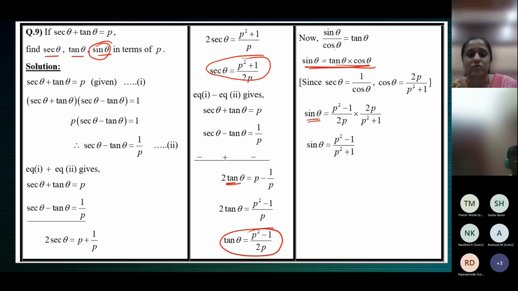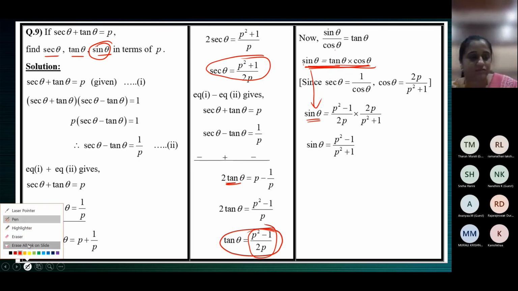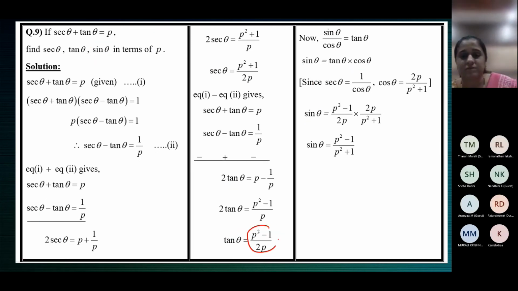So sine theta is equal to, what is tan theta? See here, p square minus 1 by 2p, into cos theta.